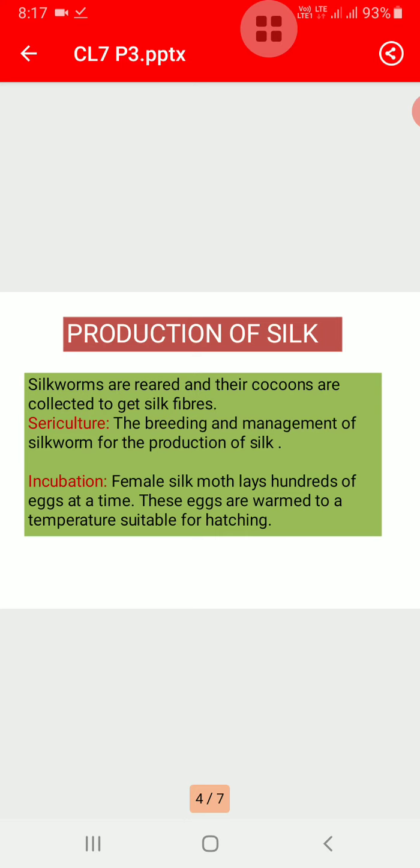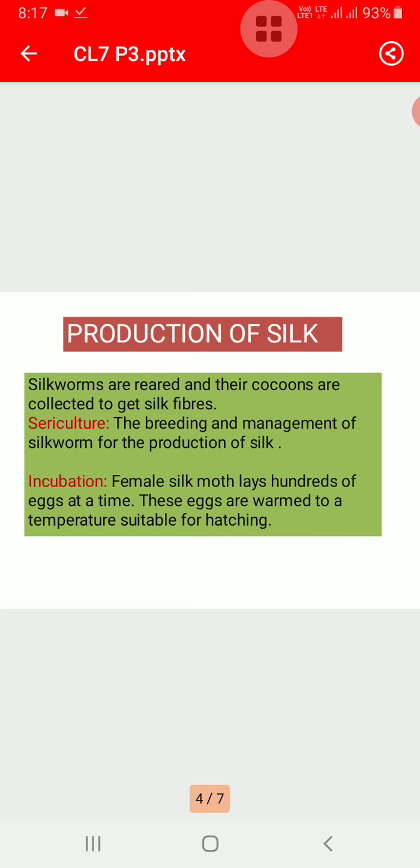The most common silk moth is the mulberry silk moth. The silk fiber obtained from this is of very good quality.